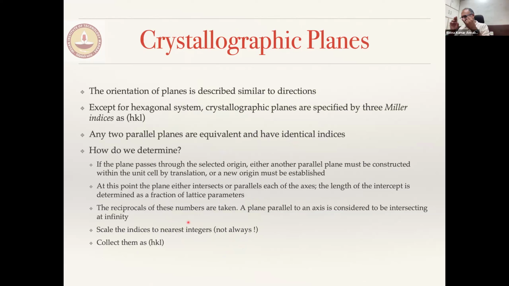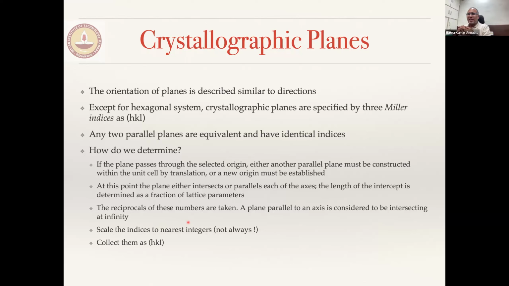And then you have represented points, you have represented directions. Now next, you have gone from 0th dimension, 1 dimension, now you have to go to 2 dimensions, called planes. So how do we go about representing a plane?